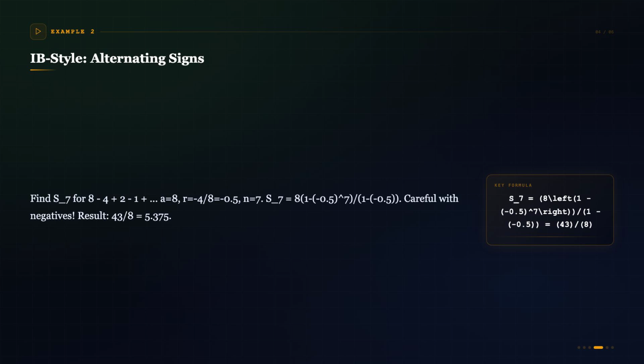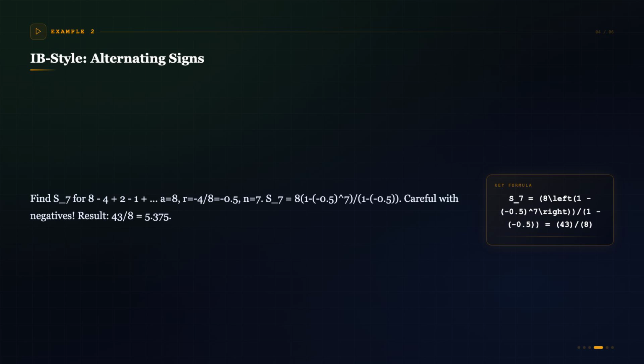Because the exponent is odd, the result will be negative. Negative 0.5 to the 7th is negative 0.078125. But it's often easier to keep it as a fraction. Negative 0.5 is negative 1/2. So, negative 1/2 to the 7th power is negative 1 over 128, because 2 to the 7th power is 128.